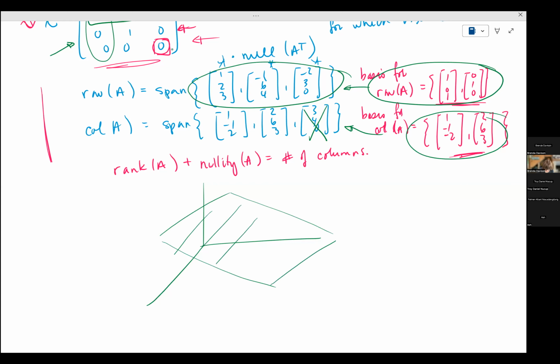It goes through the origin, I know because row spaces and column spaces are subspaces, and all subspaces go through the origin. So I know that this is a plane in R3. And if I've got a two-dimensional object, any two linearly independent vectors on the object will form a basis.